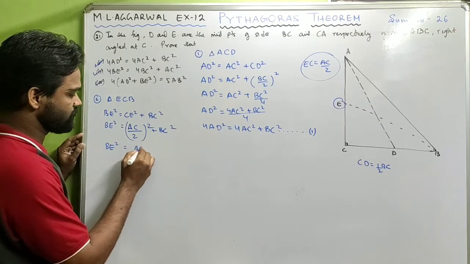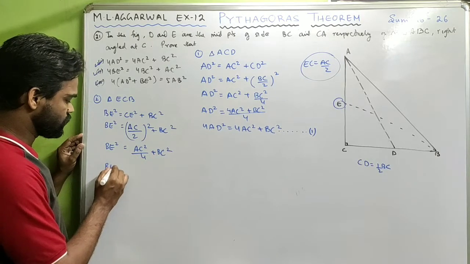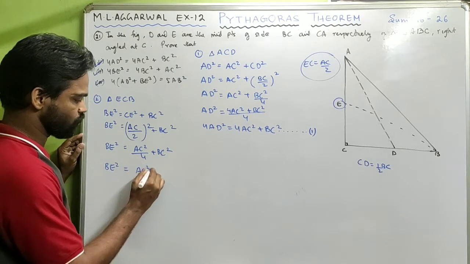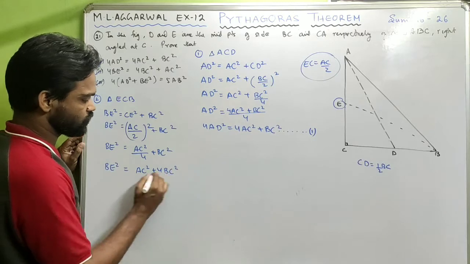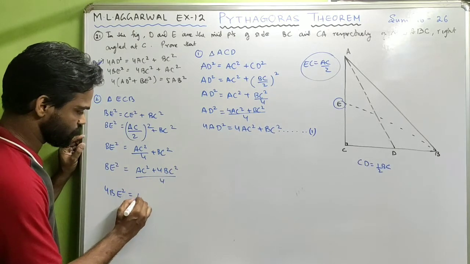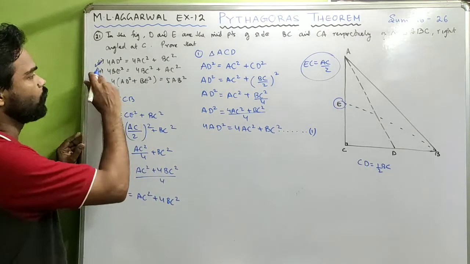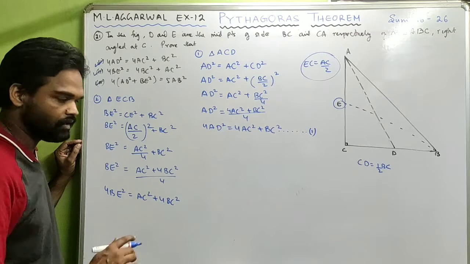Just open the bracket: BE square equals AC square by 4 plus BC square. Take LCM and proceed. BE square equals (AC square plus 4 times BC square) by 4. So 4BE square equals AC square plus 4BC square, which was the second part. Done.